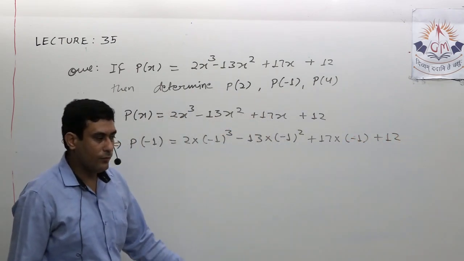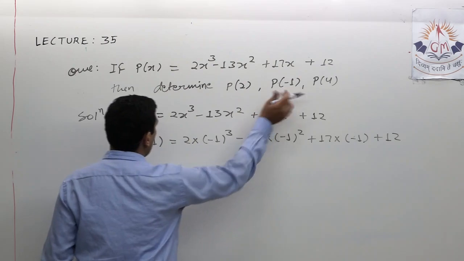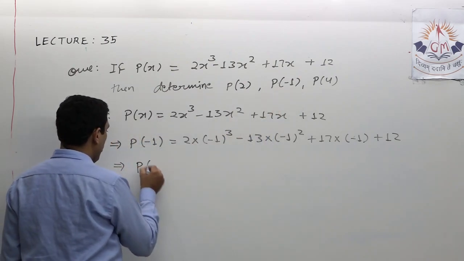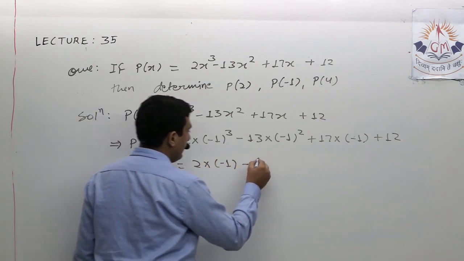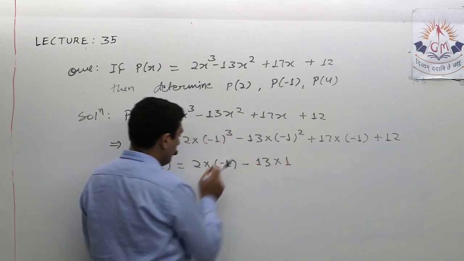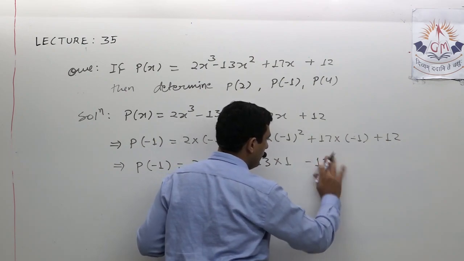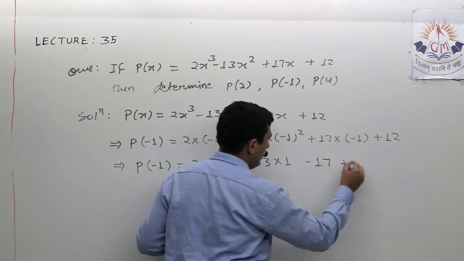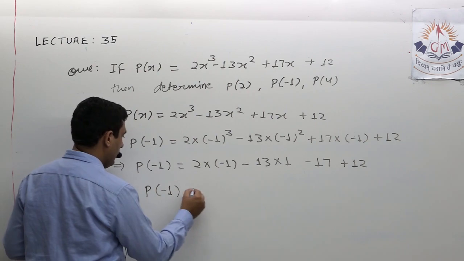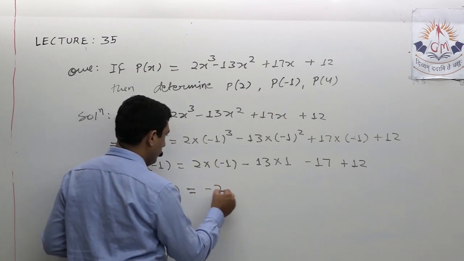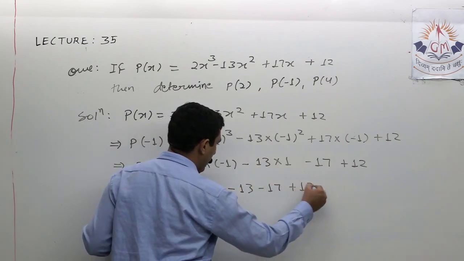Same thing, wherever x is there I will put minus 1, because I have to obtain the value of p of minus 1. So p of minus 1 is equal to 2 into minus 1, minus 13 multiplied by 1, since minus 1 cube is minus 1 and minus 1 square is 1. Over here it is minus 17 plus 12. So p of minus 1 is equal to minus 2 minus 13 minus 17 plus 12.